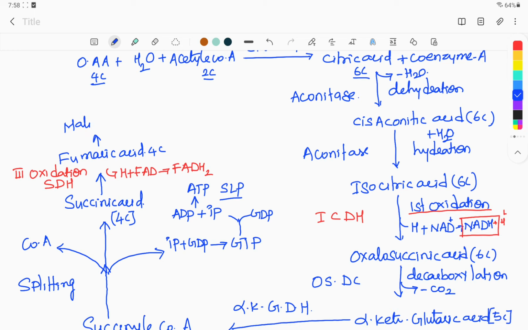Fumaric acid will convert into malic acid by the reaction of hydration, that is addition of a water molecule, in the presence of the enzyme fumarase.